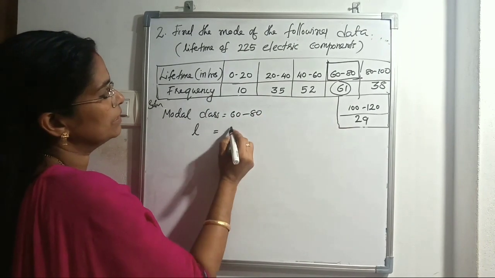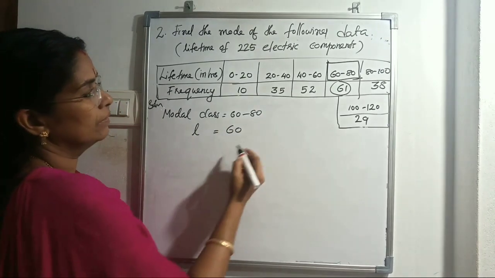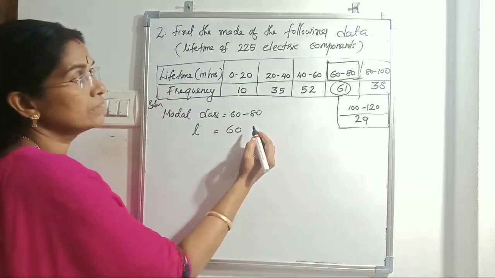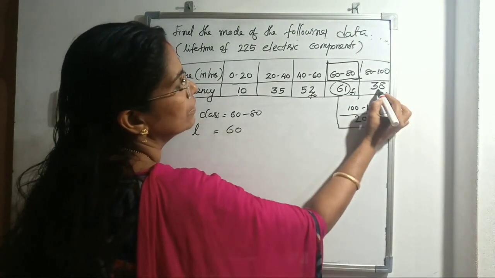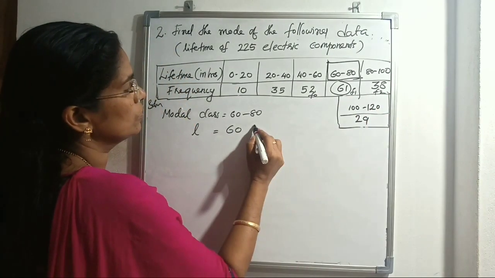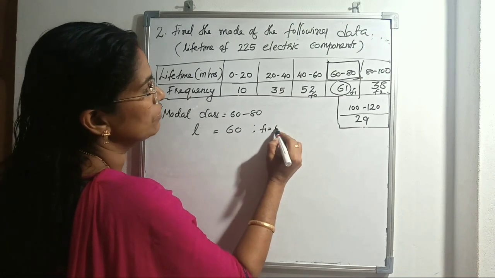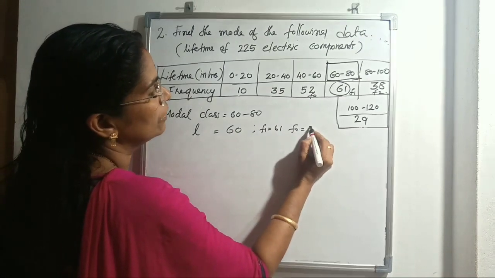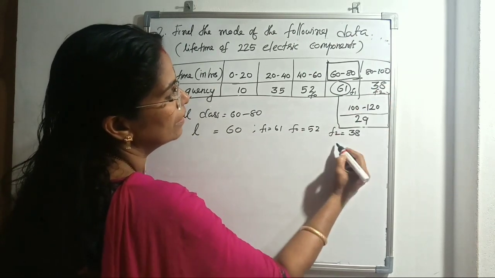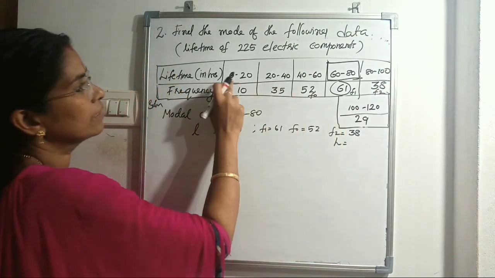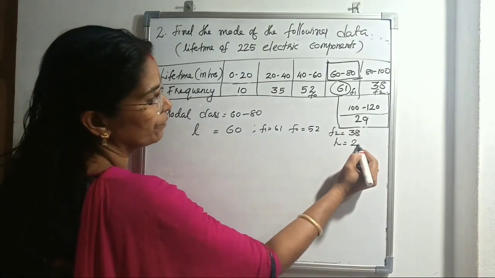Then the lower limit is 60. This itself is F1, this is F0, this is F2. So we can write F1 is 61, F0 is 52 and F2 is equal to 38. H is the class width, 20.